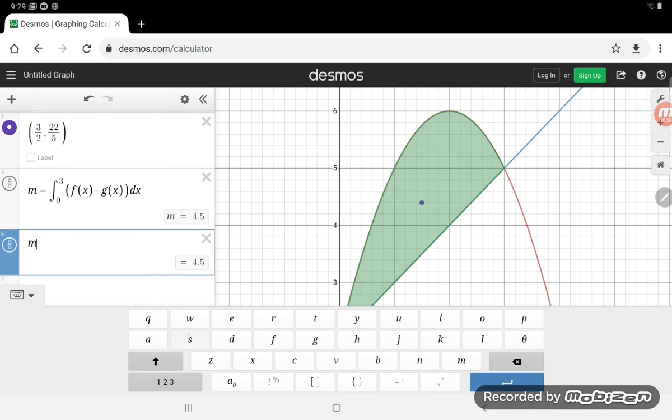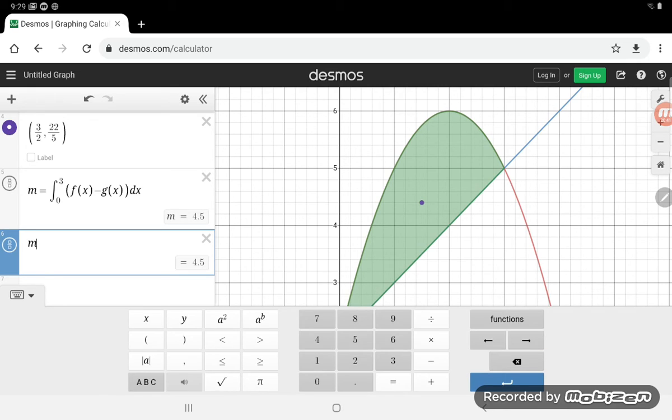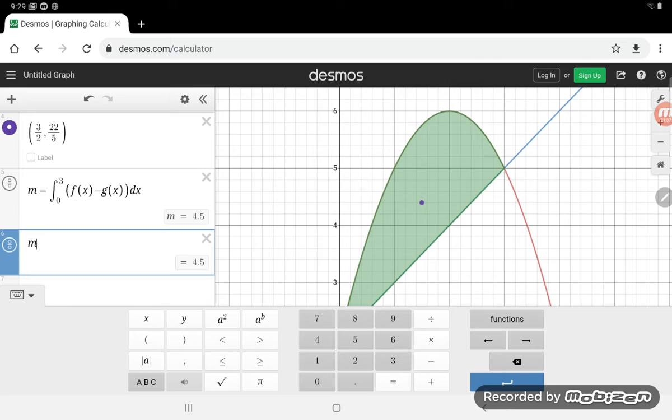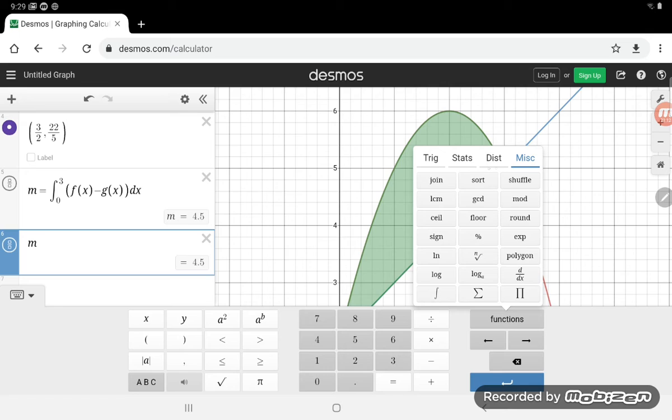I'm trying to figure out how I do my subscript here, if I can do that. May not have a subscript here. I'm kind of missing where a subscript is. Is it in any of our functions?